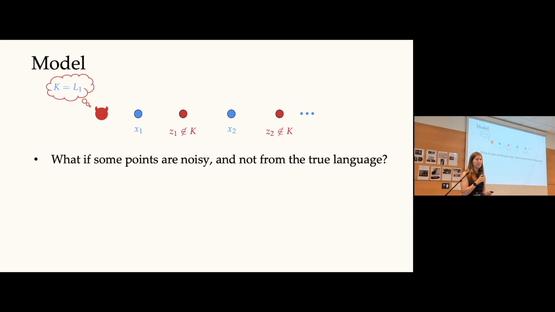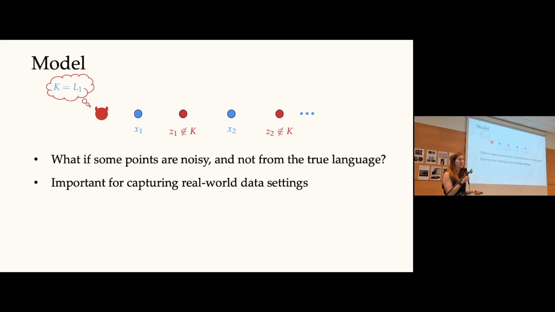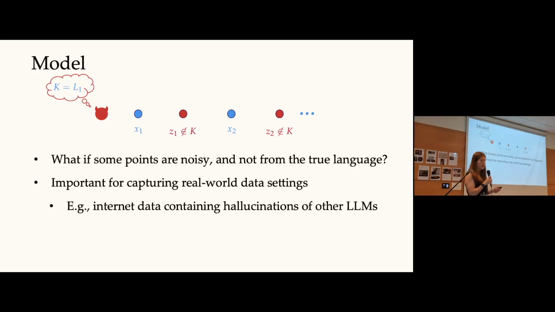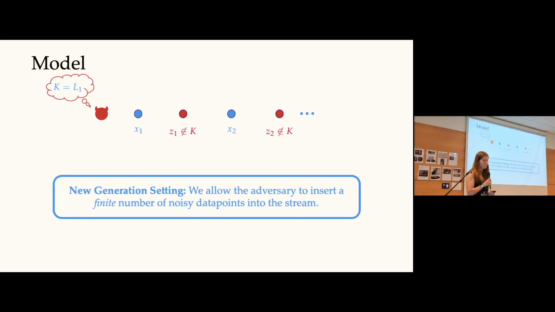Can we still generate in this more difficult regime? This is important for capturing real-world data sets where we might expect our data to be corrupted. One natural example is if we're scraping all internet data, this, without fail, is going to be corrupted by the generations of other LLMs with their own hallucinations that we'd like to ignore. And so in this new setting, we're going to allow the adversary to insert a finite number of noisy data points into the stream.